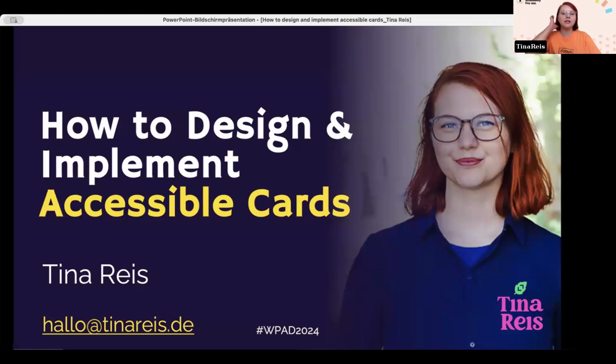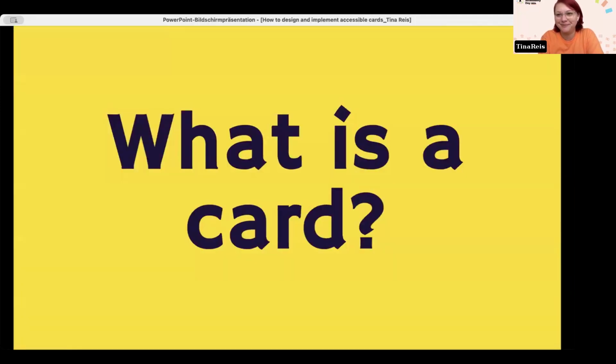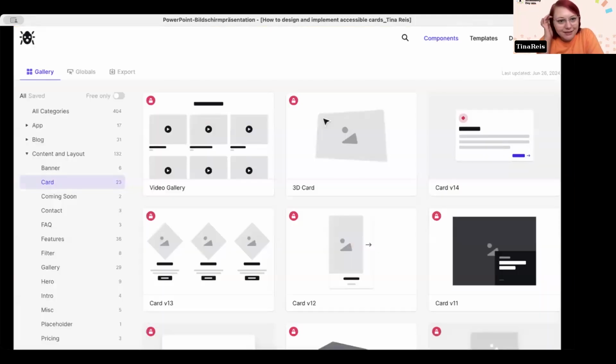First of all, I want to start by asking a very simple question: what is a card? I looked at one of my favorite component libraries, Cody House. In the slide I'm showing right now, you can see their gallery of components, and I've selected card in the menu that filters the gallery.